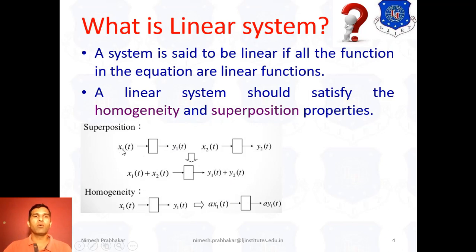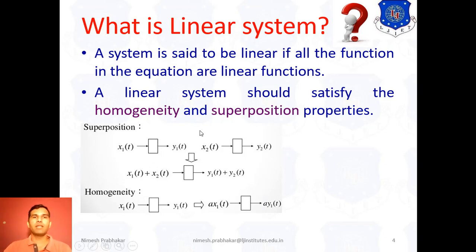So this is the condition for superposition. If we give individual inputs x1(t) and x2(t), and we get the merged output y1(t) plus y2(t), then this system satisfies the superposition theorem. And the homogeneity property is: if the system input is x1(t) and output is y1(t), then if we give a times x1(t) as input and we get a times y1(t) as output, that system satisfies the homogeneity property.